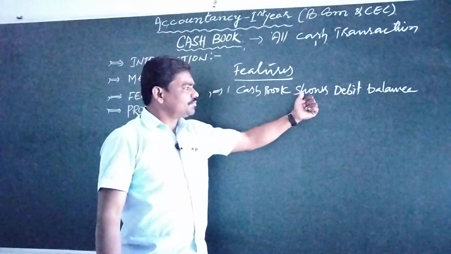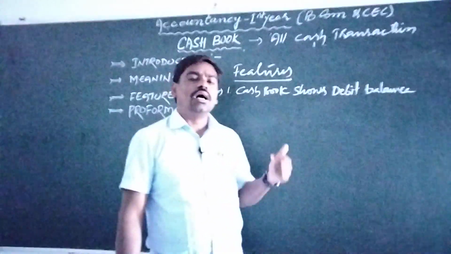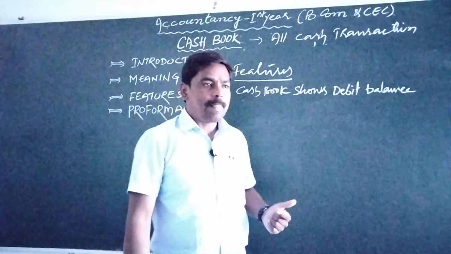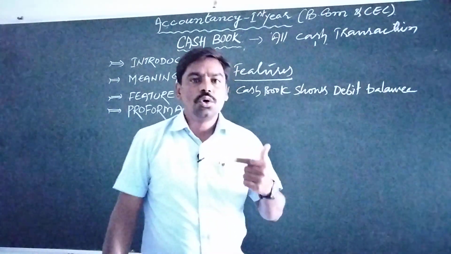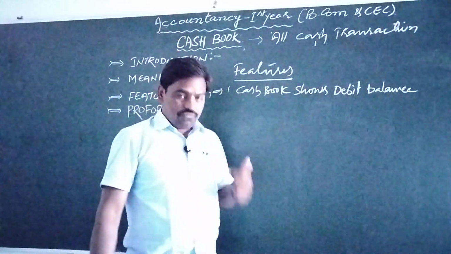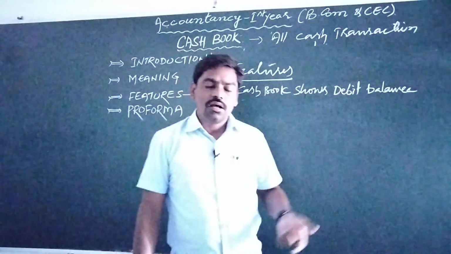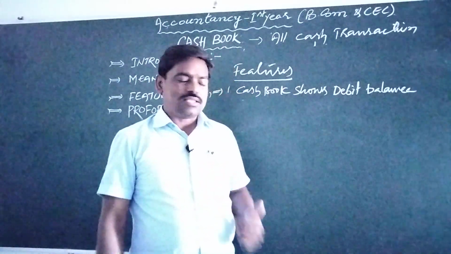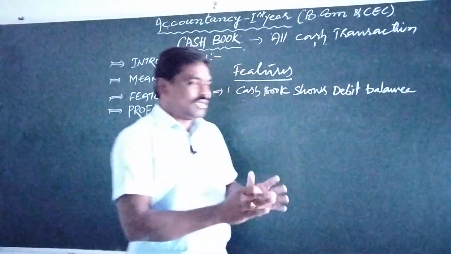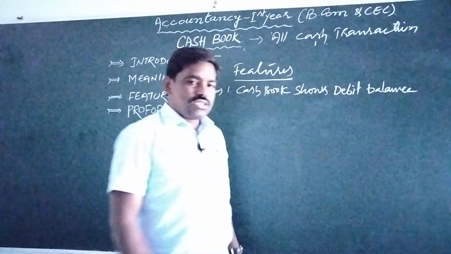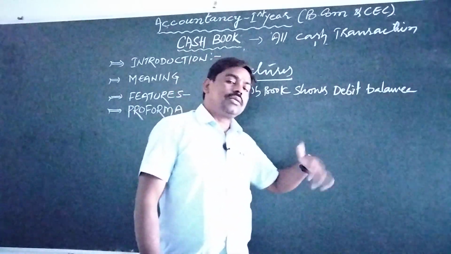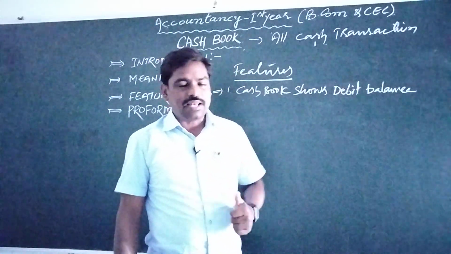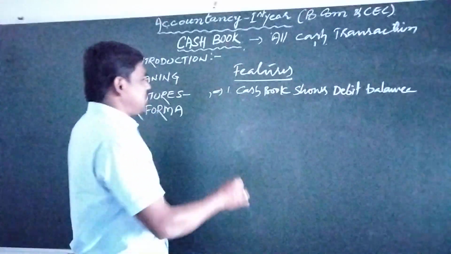Sometimes it shows a credit balance when we do our business transactions through the bank. If we take an overdraft from the bank, then the cash book shows the credit balance. This is the exceptional case, but normally in a business organization, the cash book shows debit balance, or begins with a debit balance. Okay, now come to the second point.